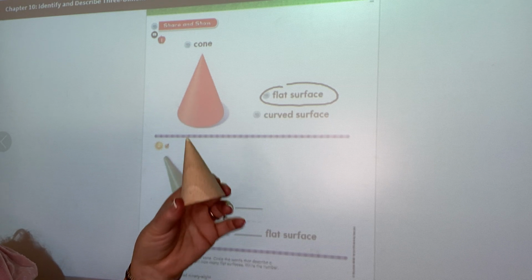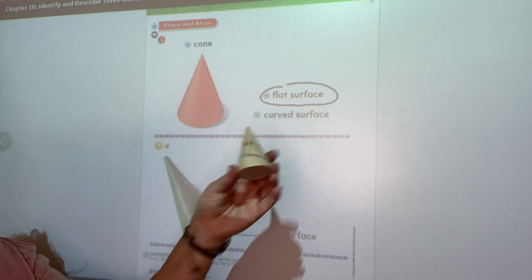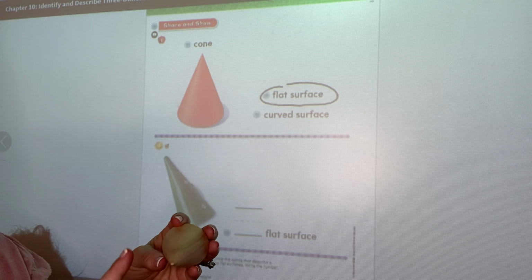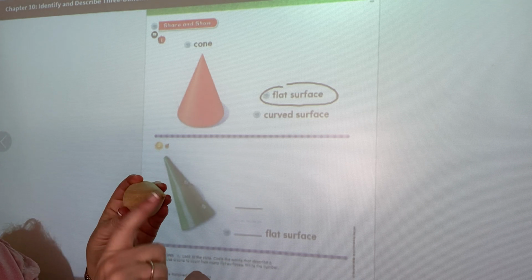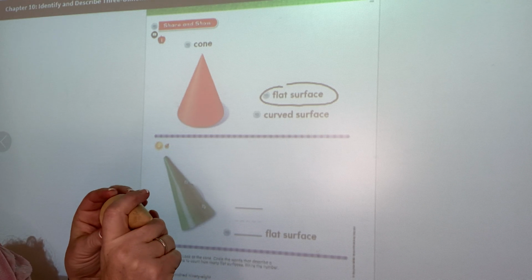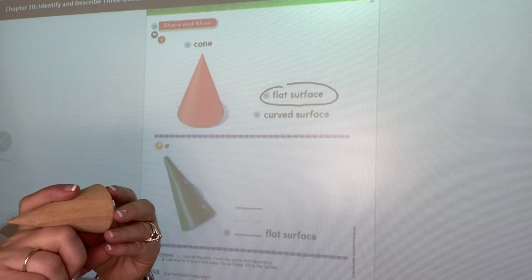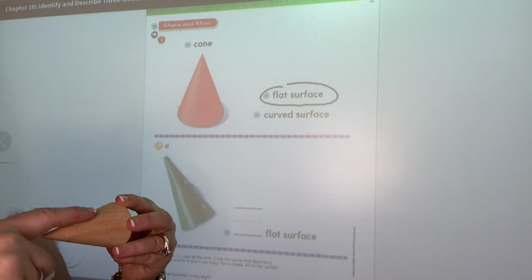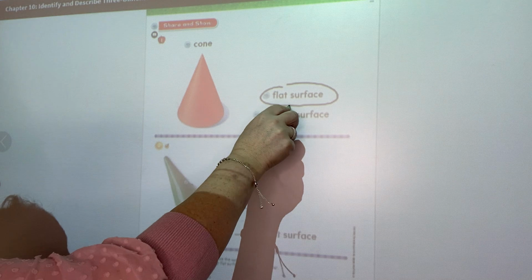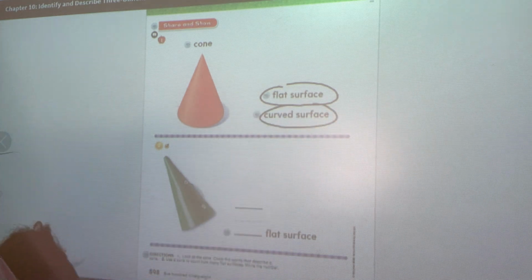Okay? Does it have a curved surface? It does. If we were to look on this side, we could wrap our finger around that curved surface. It would roll. So flat surface and curved surface would both describe a cone.